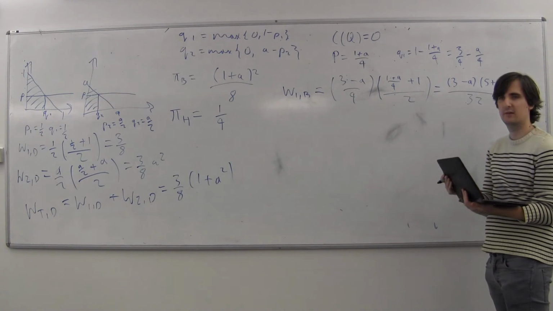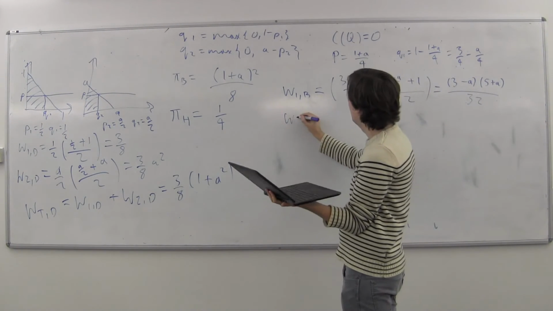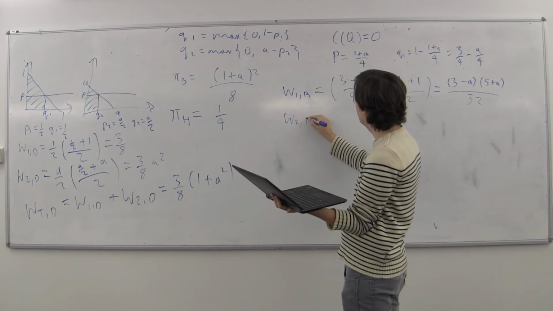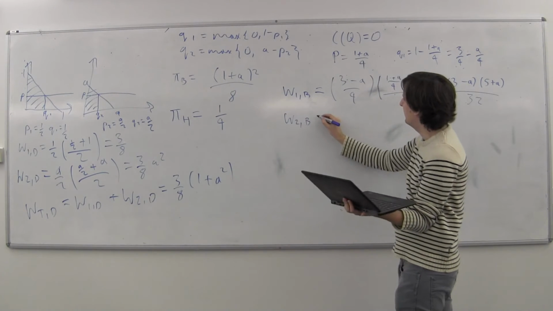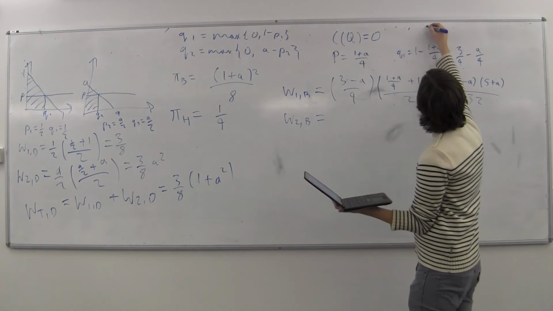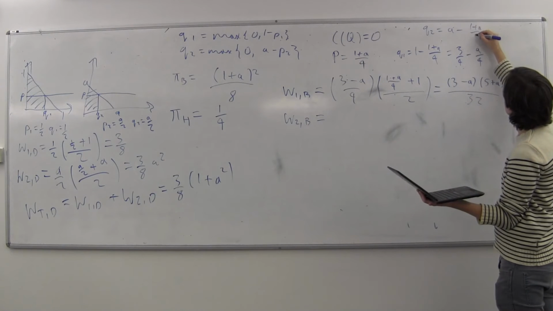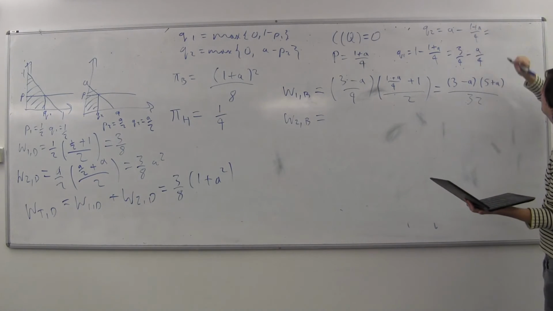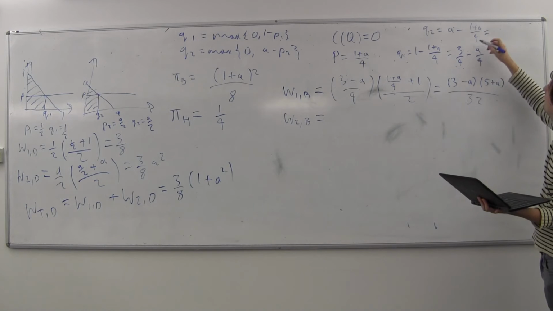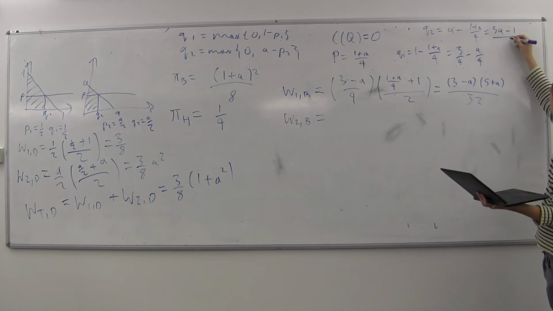Does that make sense? Okay, so welfare in the second market, when selling in both markets, Q2 is going to be equal to A minus 1 plus A over 4. So in total we have 3A minus 1 over 4.